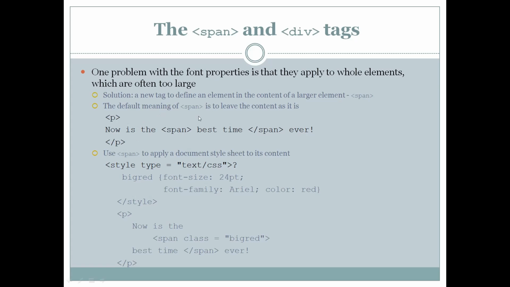The default meaning of span is to leave the content as it is. That means the browser does not have any specific styles for the content of a span tag.